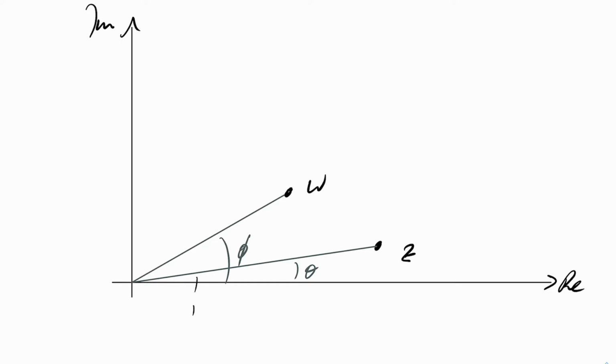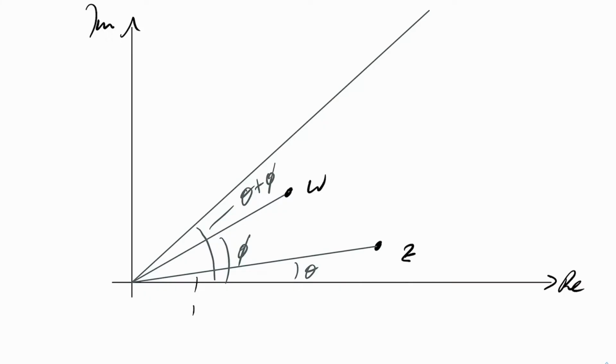So if I add on theta to phi, it's going to lie somewhere on this line, and to find out where on this line, I need to multiply the moduli of z and w together. Now, because these numbers are larger than 1, that's going to be further away from the origin, and so I can expect that z times w will be over here somewhere, lying on this line from the origin.